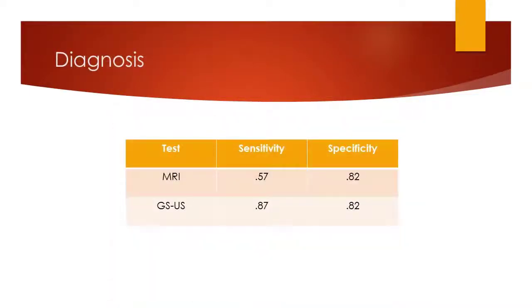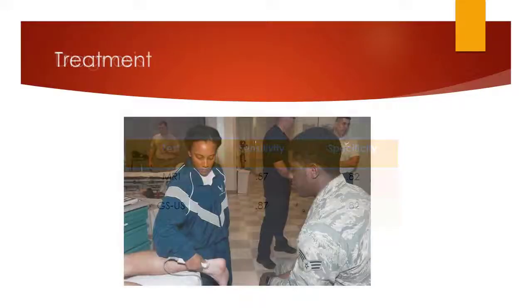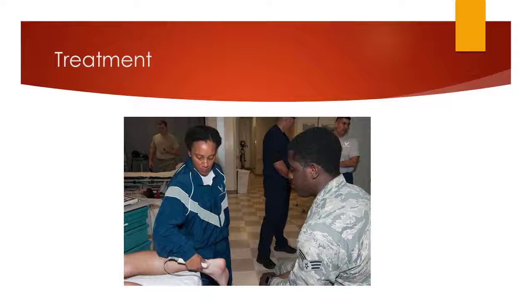Diagnosis for a tendinopathy is generally going to be clinical, but if an MRI or maybe an ultrasound is used, you may also be able to pick up some of the issues within that tendinopathy. Treatment for tendinopathy is generally going to start out conservative.